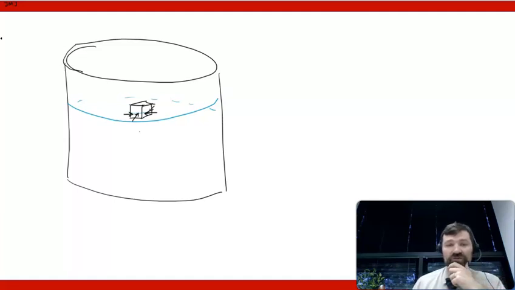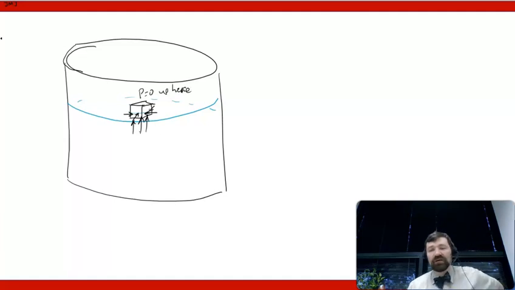Then I also have pressure acting upwards on the bottom of the object, but there's no pressure on the top, P equals zero up here, or zero relative to the atmospheric background pressure. So this object has a total force.